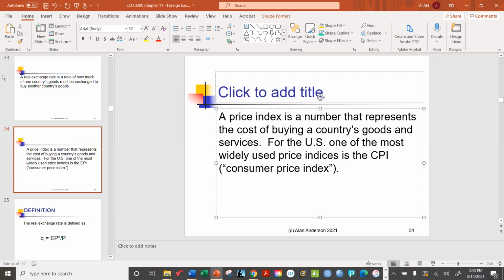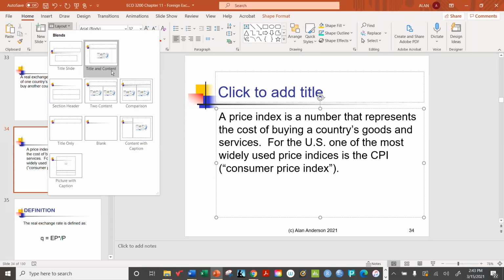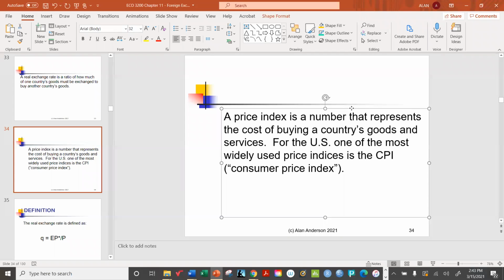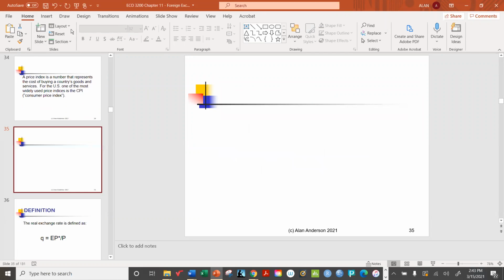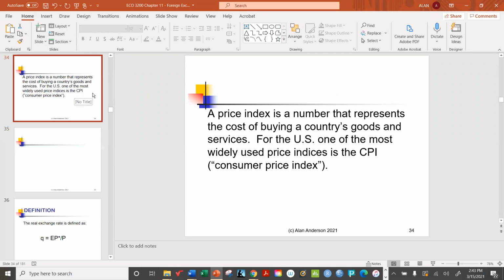CPI stands for Consumer Price Index. And what this means is that the government, specifically the Bureau of Labor Statistics, what they actually do in order to calculate this CPI is they go out and they actually go to stores and they price goods and services that they think Americans are likely to buy.